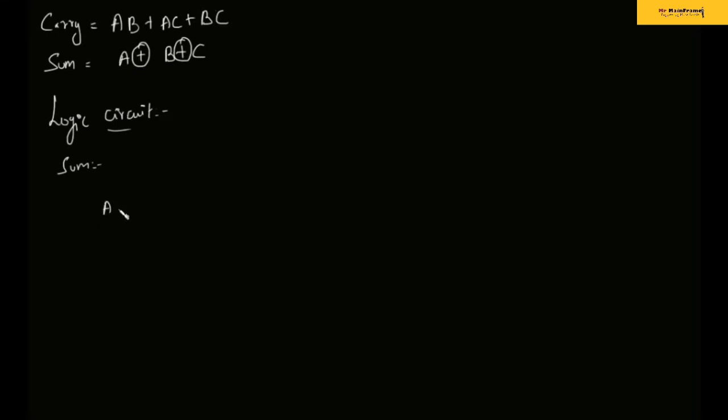We can make 2 XOR gates using the 3 inputs A, B, C. You can draw one like this. Take inputs from A and B and connect them with an XOR gate. The XOR gate is like this. Connect A to this, and connect B to this. So the output will be A XOR B. Since this is associative, we can make any kind of combination you want.